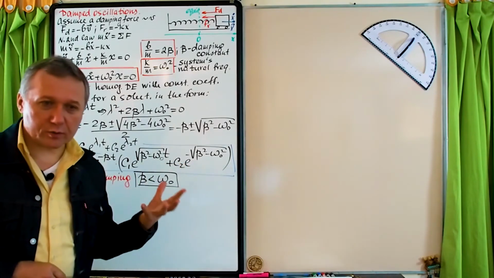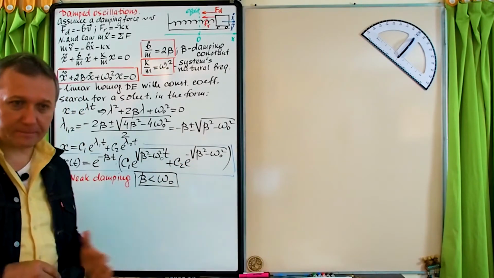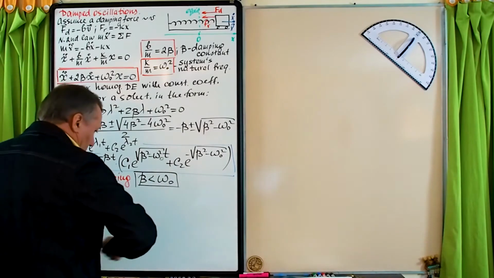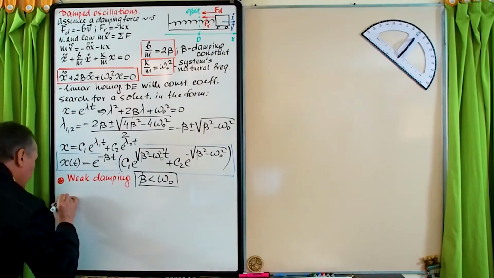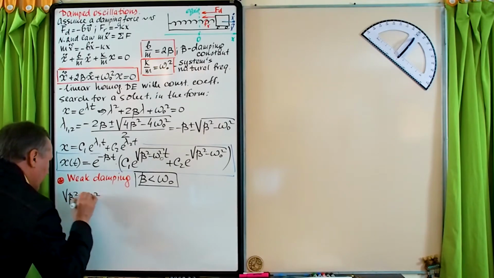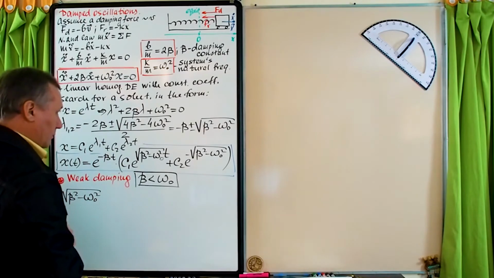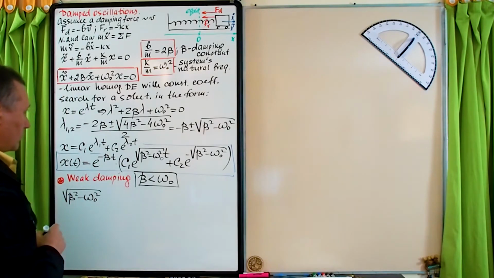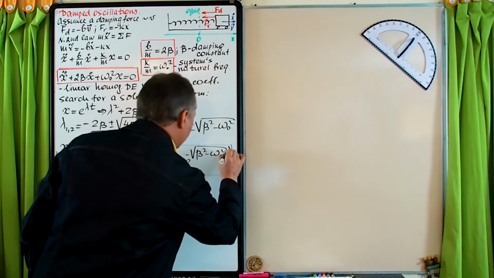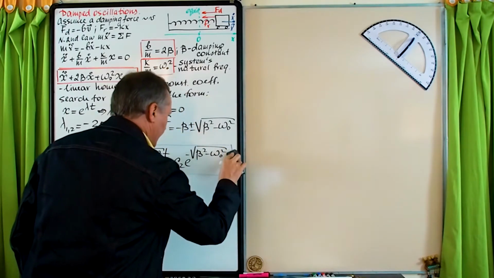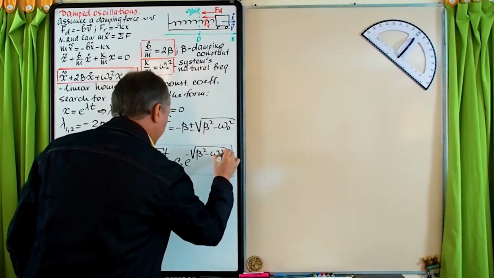So let's show that imaginary part explicitly. I will write the square root of beta squared minus omega naught squared. It's exactly the same in both, in this and that. The t is missing over here.